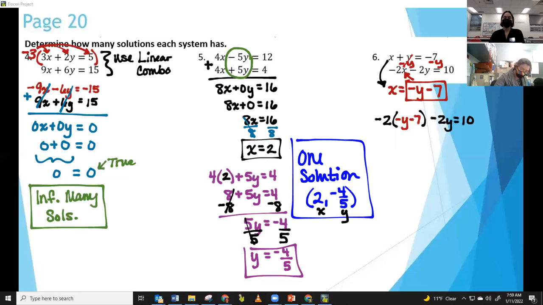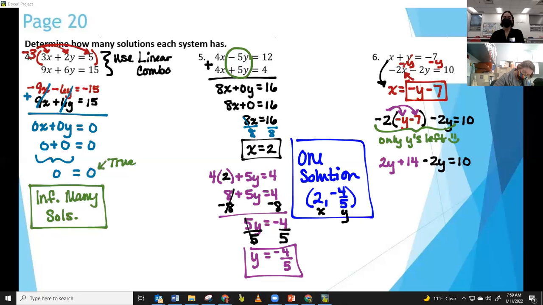If you guys remember from last week, at this point I stop and look. Only y's left. If you still have x's and y's left at this point, you've made a mistake. And then we distribute. Negative times a negative gives me a positive. So I get positive 2y, positive 14, minus 2y equals 10.